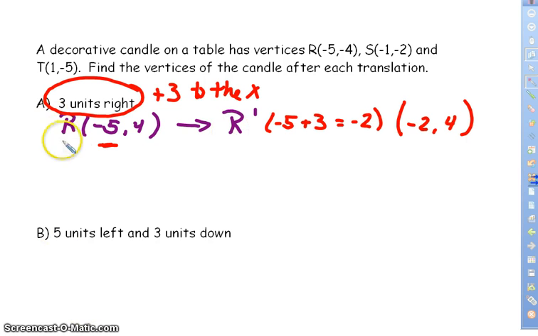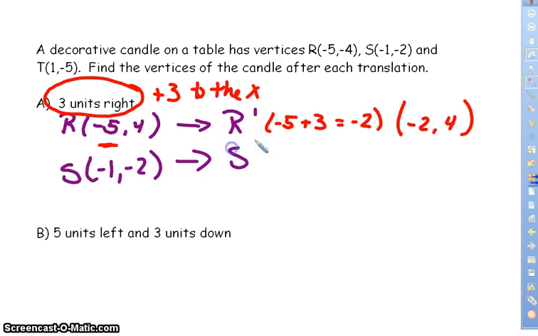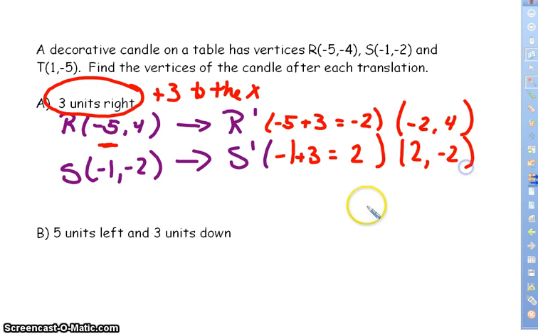Okay, my S was -1, -2. So my S prime involves me taking my x, which is -1, and adding 3 to that, which is +2. Okay, so my new coordinate would be 2, and my y doesn't change, -2.